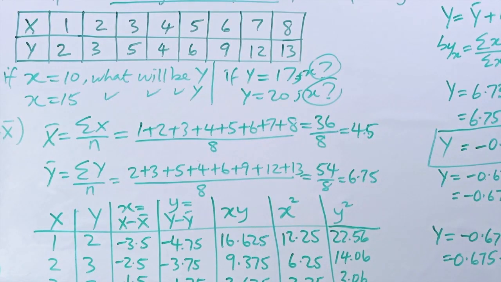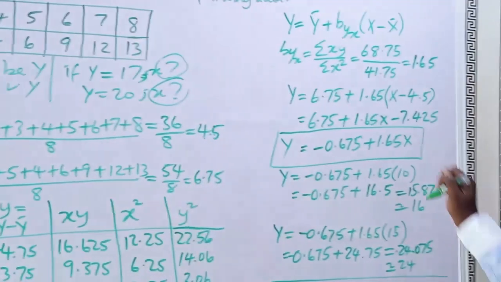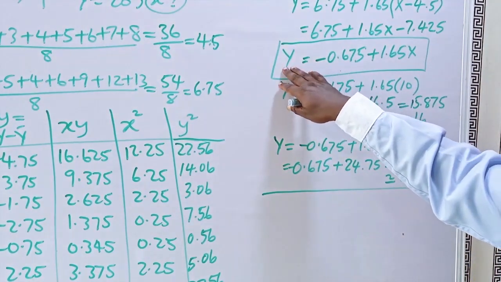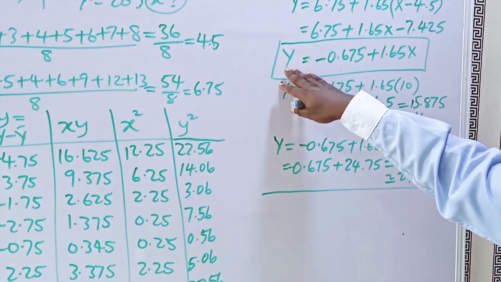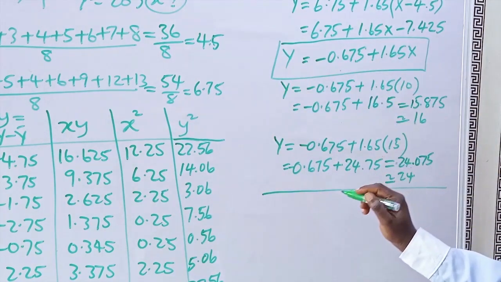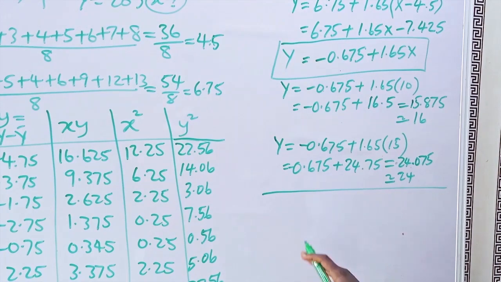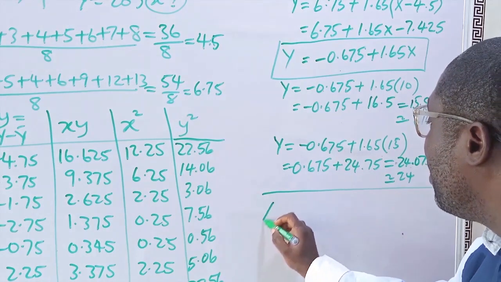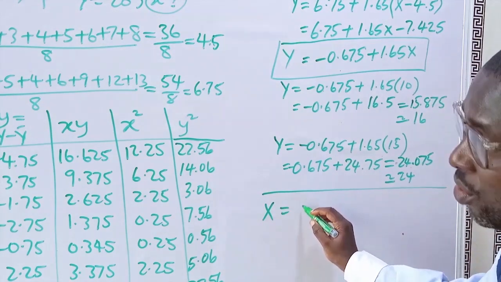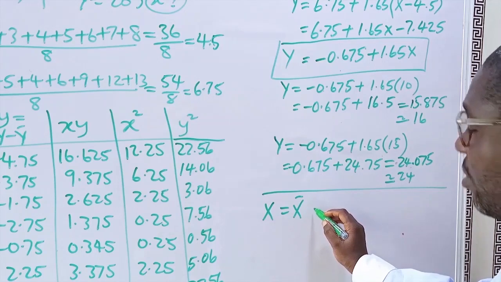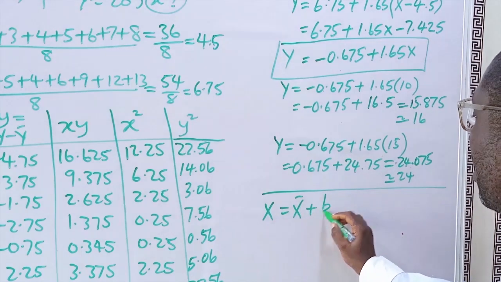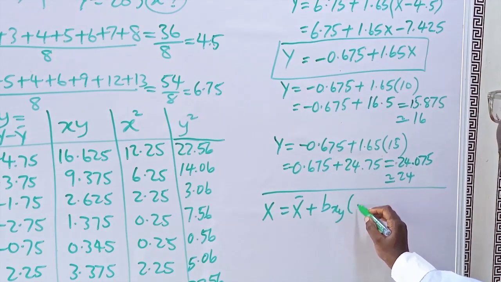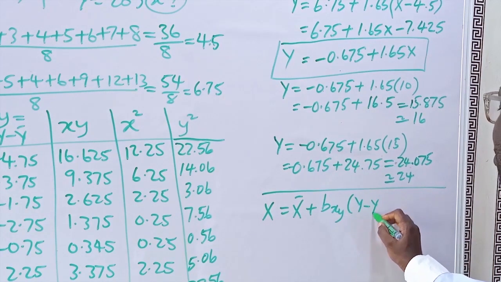From what we've done so far, we've determined the regression equation for predicting y on the basis of x. Now for the other one: x is equal to x bar plus beta xy times (y minus y bar).